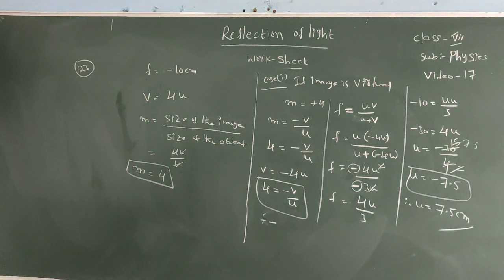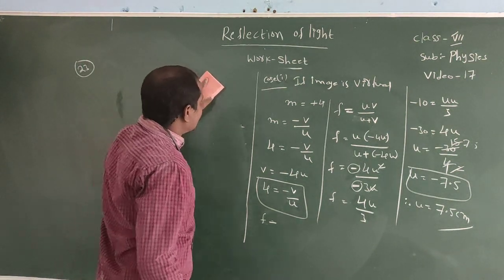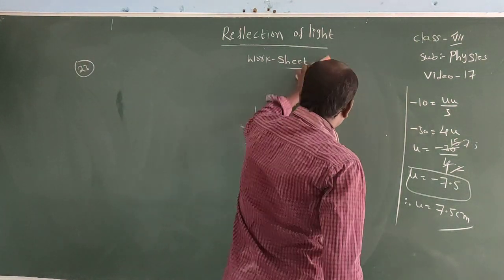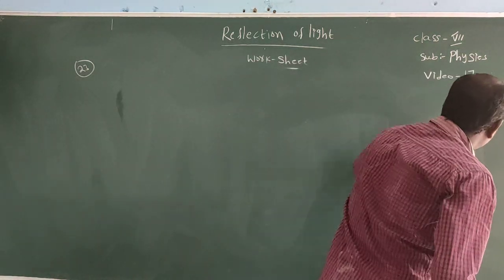In the second case, same problem. If the image is real, then m is considered negative. If m is negative, the image is real.